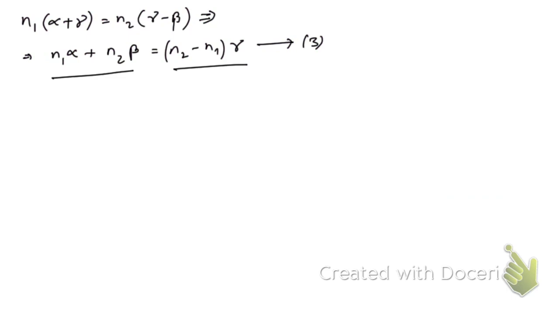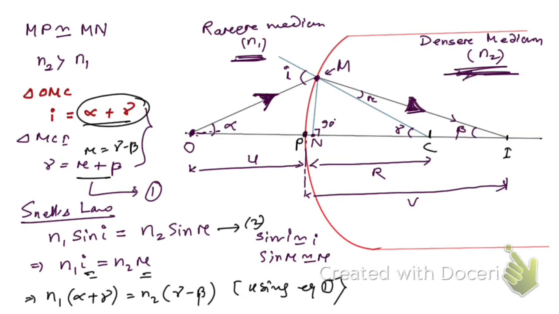Now let me go back to the diagram again. Here is the diagram. From triangle MON, here it is alpha. From triangle MON we get tan alpha is equal to perpendicular, that is MN, by base, that is ON.